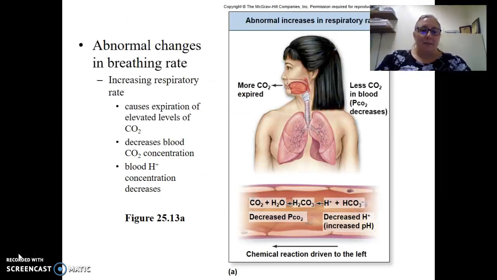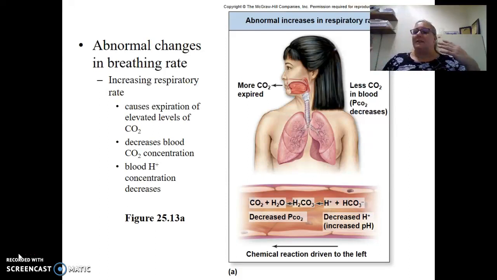So here's an example of assuming we have too much hydrogen in our system, so our pH is low. We're going to be able to increase our pH by shifting the amount of carbon dioxide from our blood to our lungs. And this is called a chemical shift to the left.